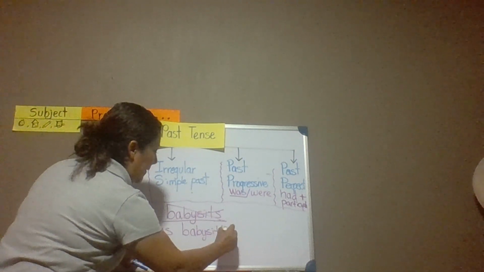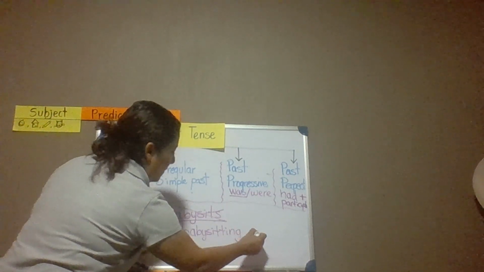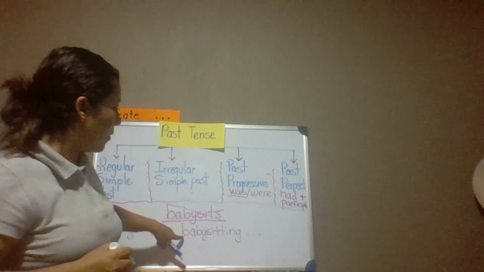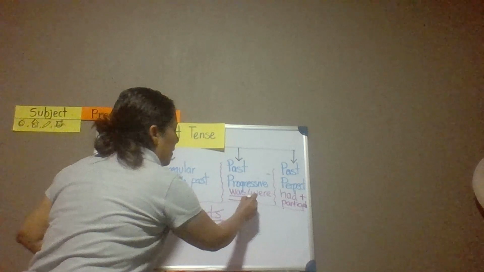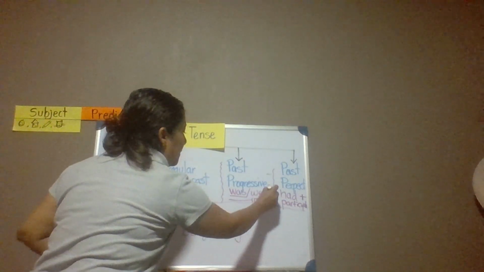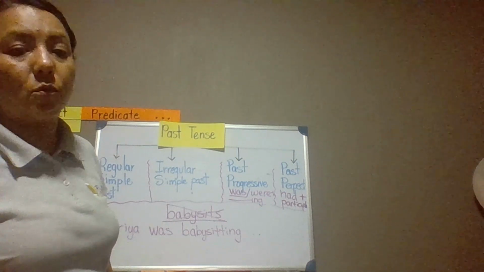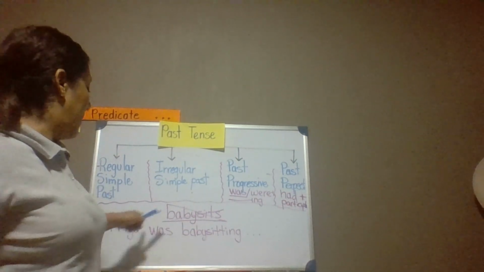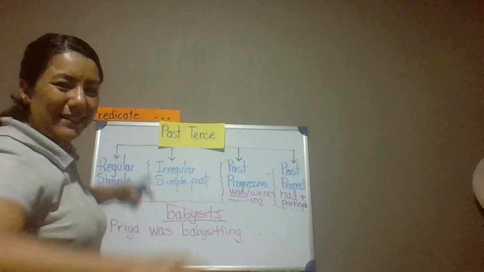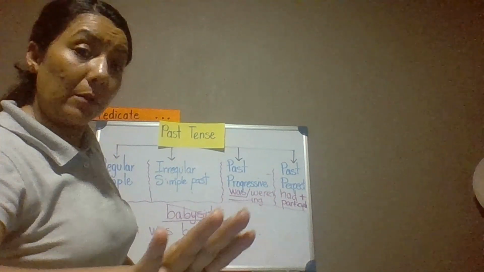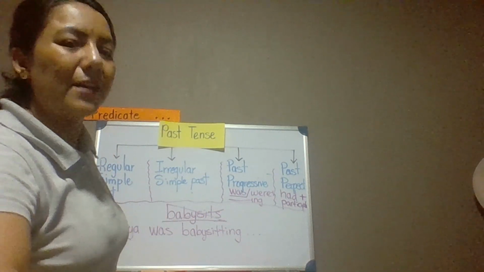Babysitting. Because remember, the verb plus ing. Babysitting her sister when her parents were at work. Remember, I want to see the complete sentence. If you need to stop the video and finish this exercise, do it.